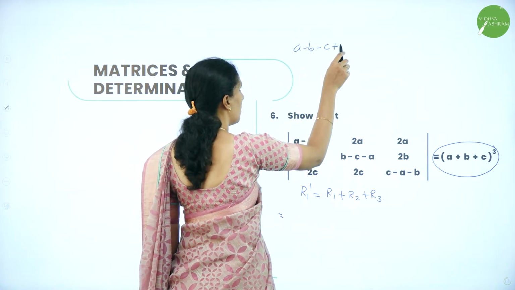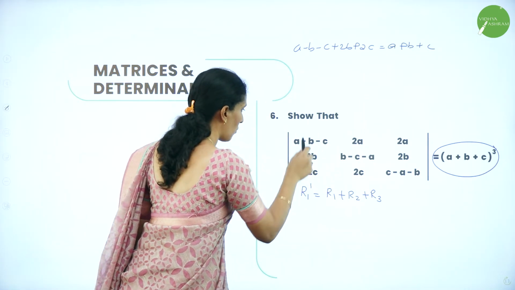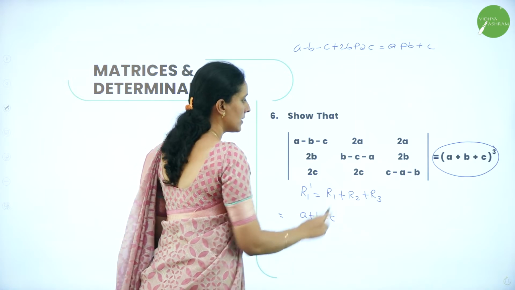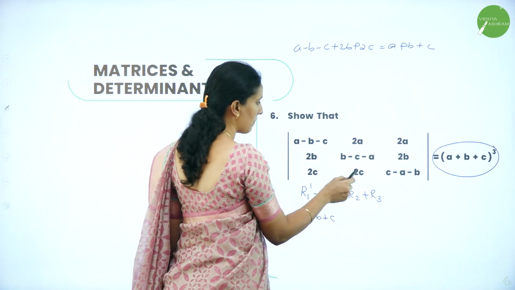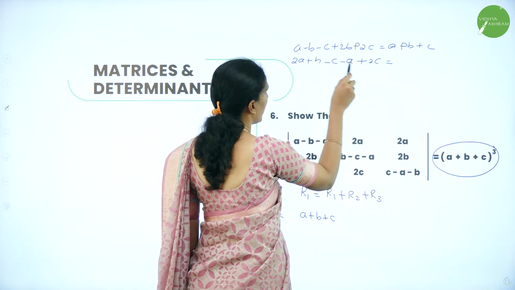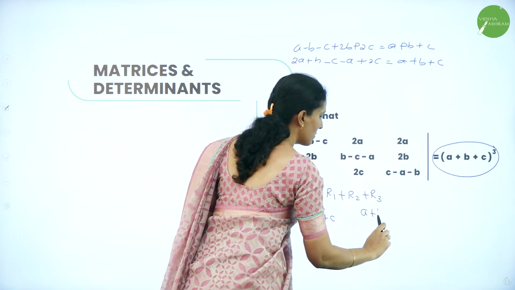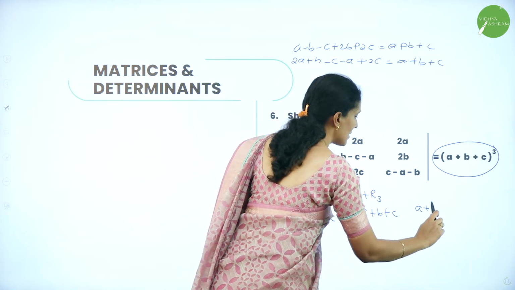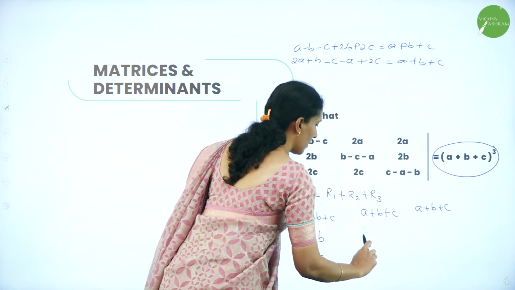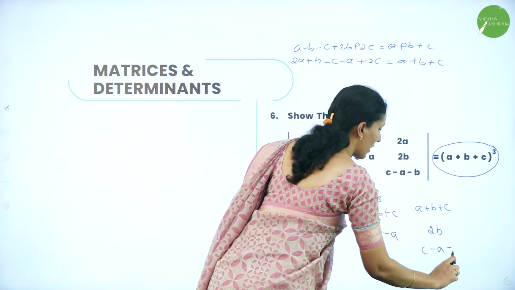A minus B minus C plus 2B plus 2C is equal to A plus B plus C. So in the first row, when you take all these three row elements, you will get A plus B plus C. Similarly here, 2A plus B minus C minus A plus 2A, so 2A minus A plus B minus C plus C, which gives A plus B plus C. So this also becomes A plus B plus C, and the last one also becomes A plus B plus C. Write the remaining two rows as they are: 2B, B minus C minus A, 2B, and 2C, 2C, C minus A minus B.